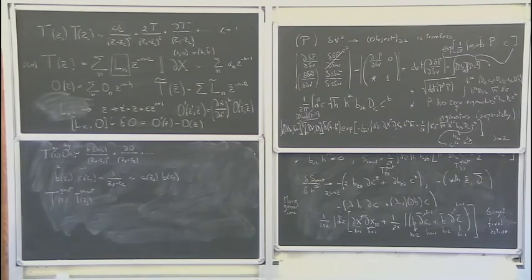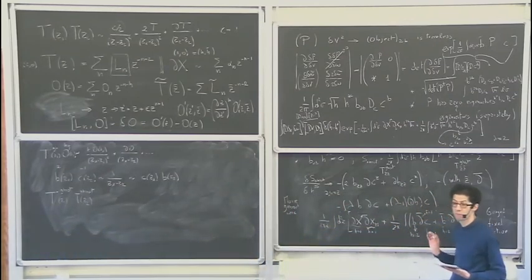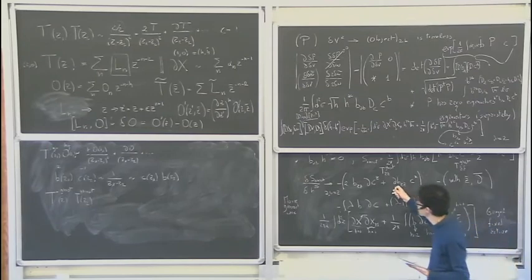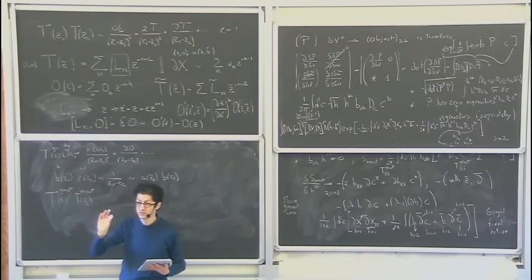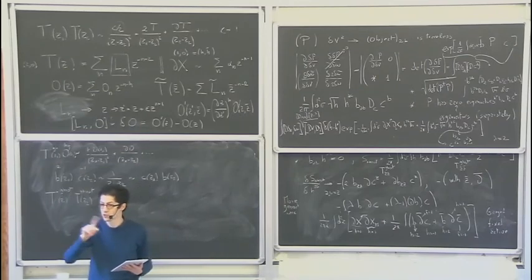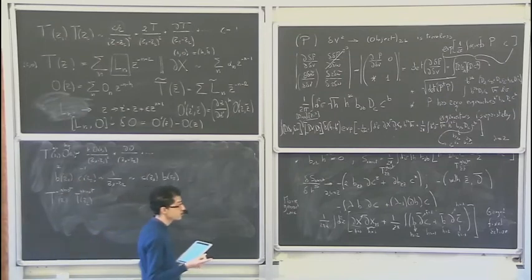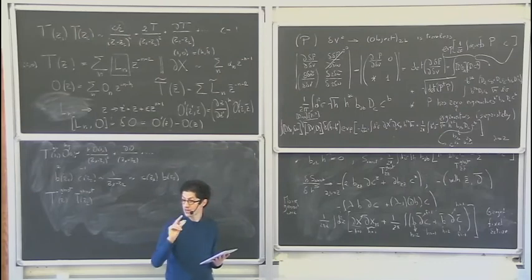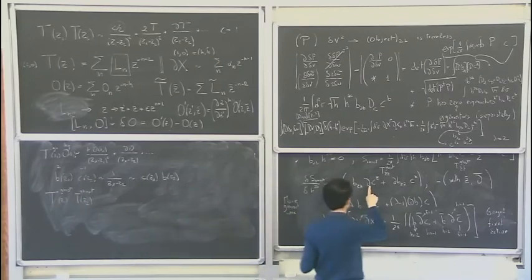Very good. So here the calculation is not complicated, it just requires a bit of patience, because you take this T here, the same version here. You have 4 terms: the first with the first, the first with the second, the second with the first, the second with the second. And you have to be careful with signs. There are 2 sources of signs. If you happen to swap a C and a B, then you have a sign. And the second source of the sign is when you take these derivatives.